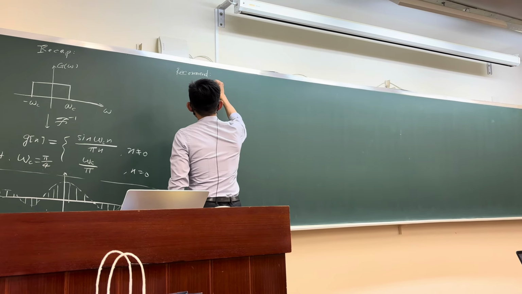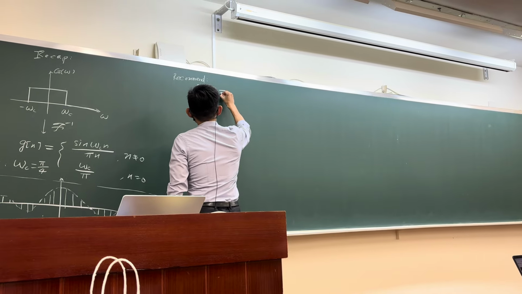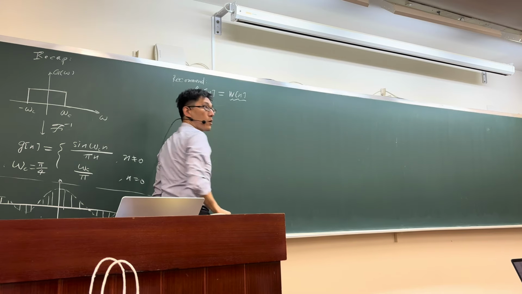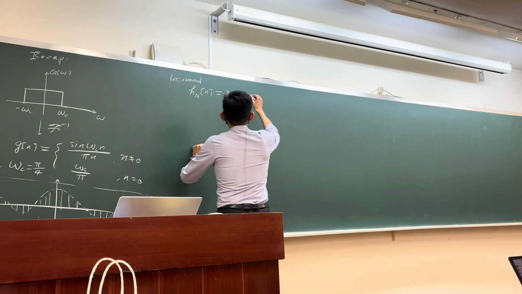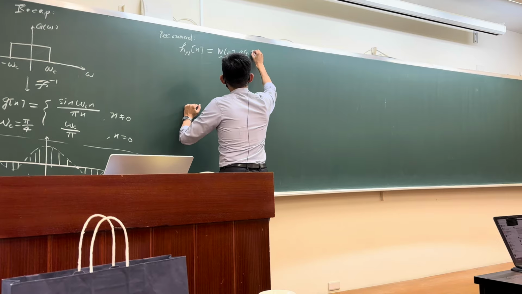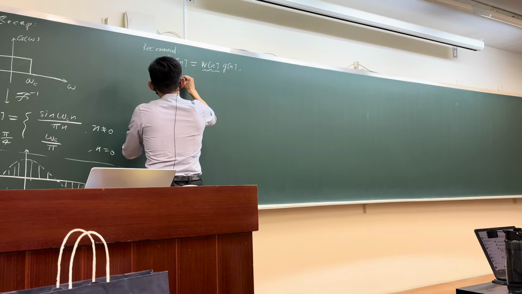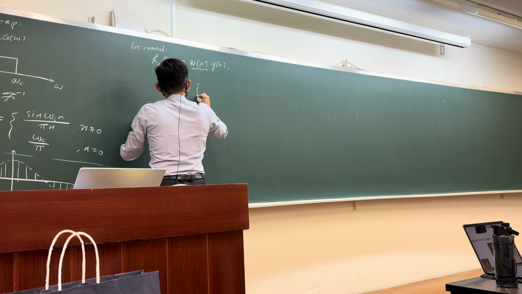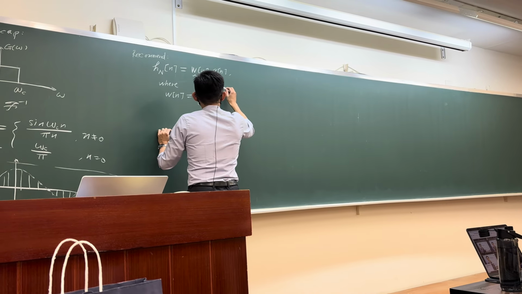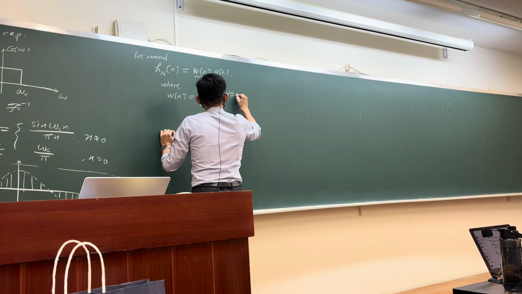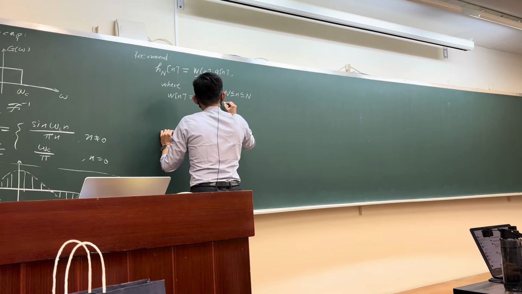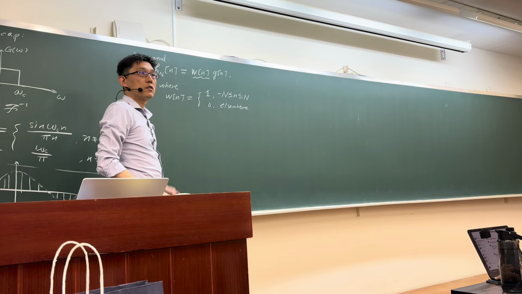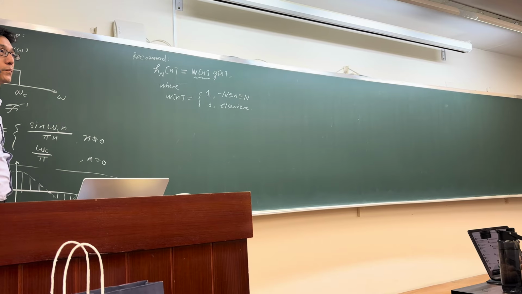So h_N is basically equal to a window function times our desired response, where w is simply 1 in this range, and 0 elsewhere, meaning that we are going to throw away everything outside this range. So far so good, so that's where we were at last time.